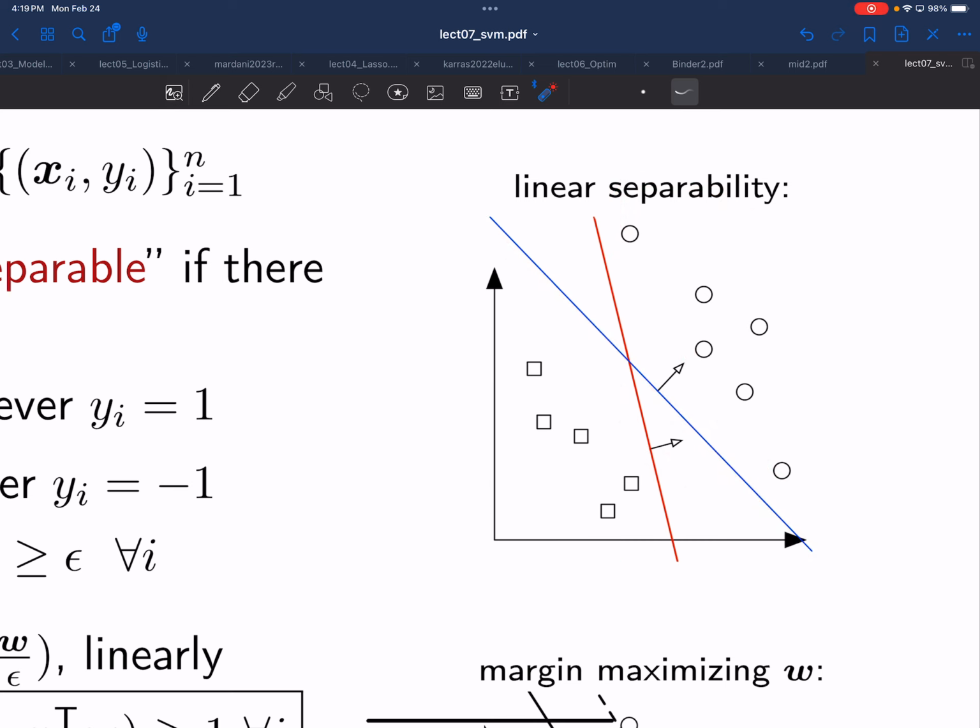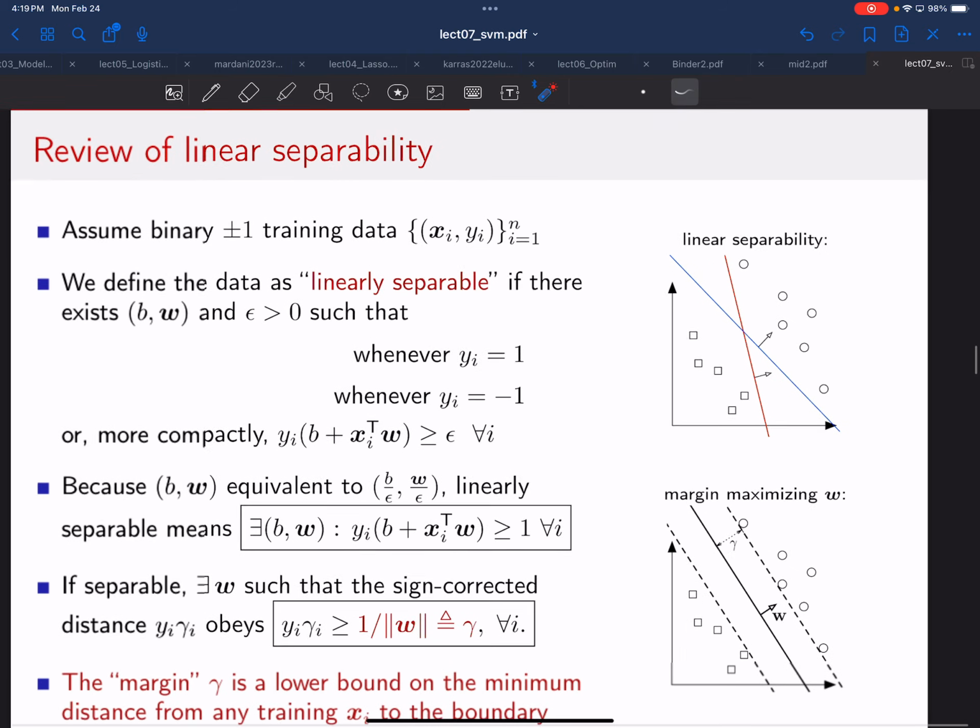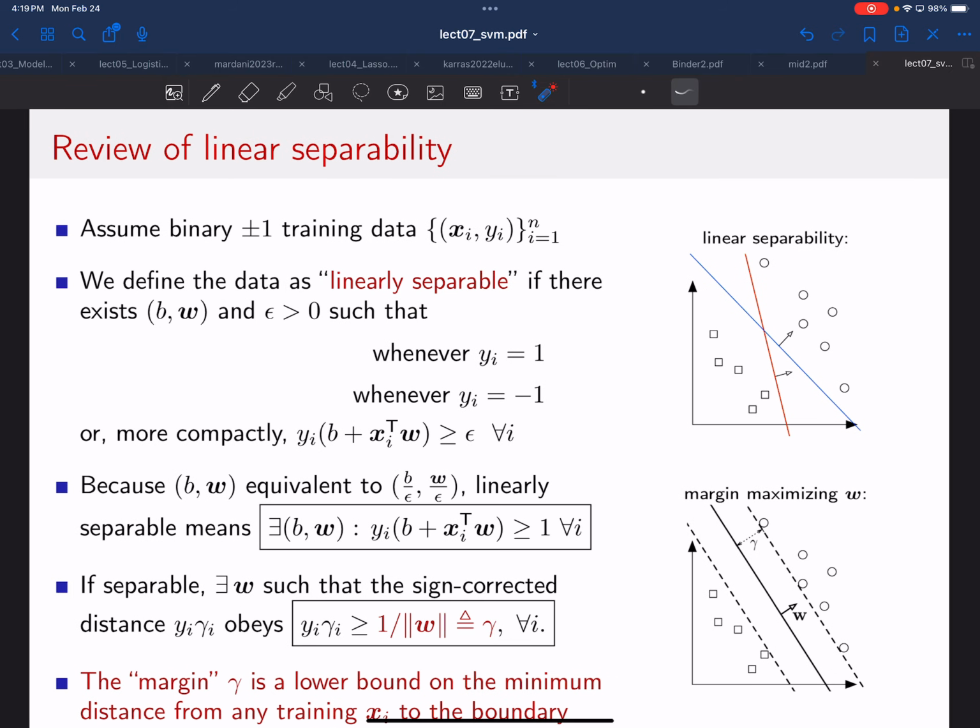And an example of a data set that's not linearly separable is if I put one of those square points over here, then there's no way I can find a boundary that has all the circle points on one side and the square points on the other side. But anyway, this is going to be one linearly separable data set. And now you can see that there are actually many boundaries that are going to separate those two classes. There's not just one, right? Okay, so that's the intuitive notion of linearly separable.